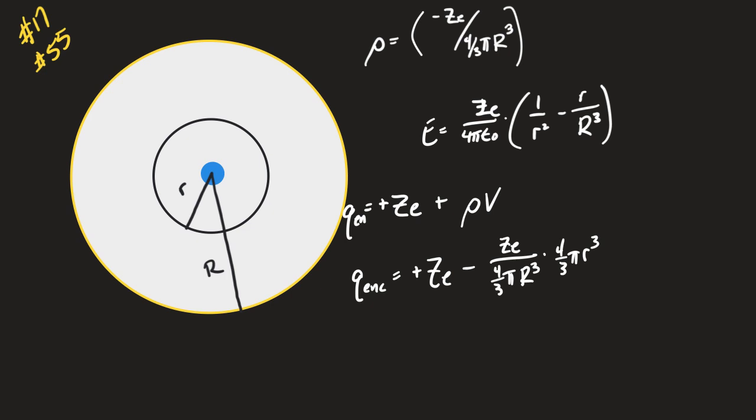That's my charge enclosed. And of course, you've probably come to expect this if you've been keeping up with me, that the 4/3 pi cancels out here. I'm left with positive Ze minus Ze little r cubed over capital R cubed.